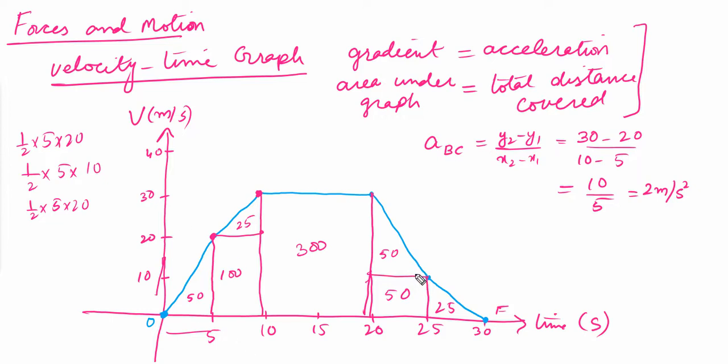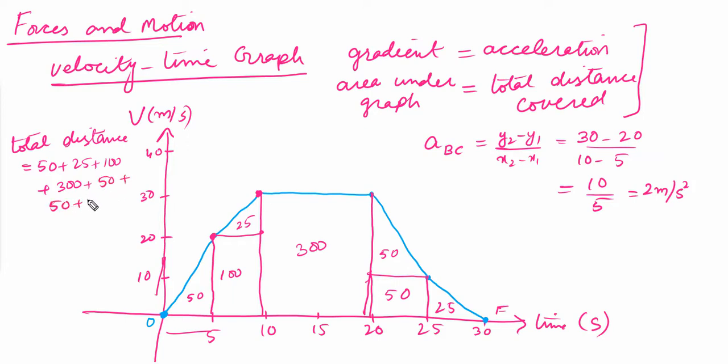Now I'll just sum up all of the areas and I'll get the total distance. So the total distance is equal to 50 plus 25 plus 100 plus 300 plus 50 plus 50 plus 25.